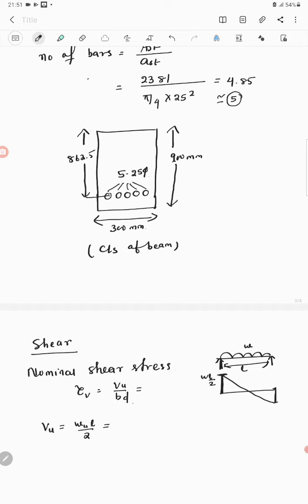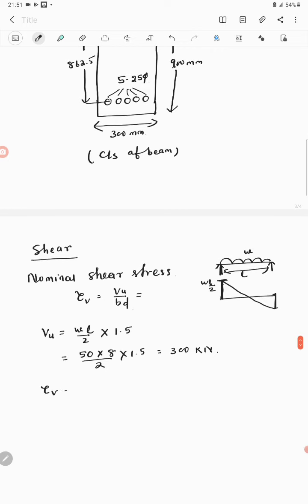or you can simply write wL by 2 into 1.5, the factor. Here w is 50, L is 8, so this is coming 300 kilonewton.